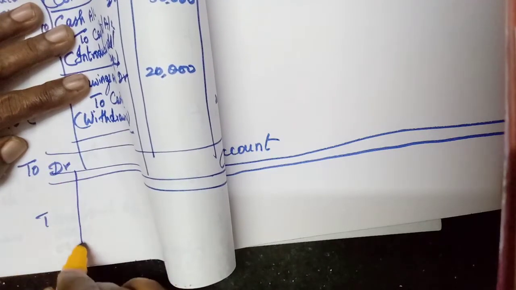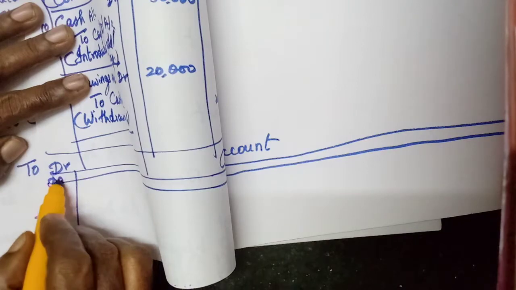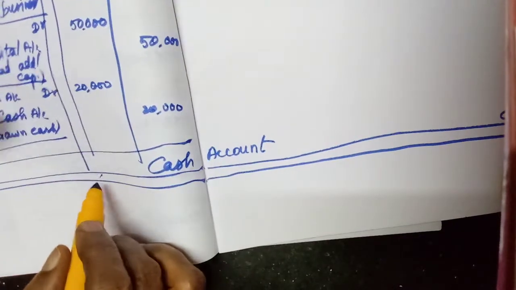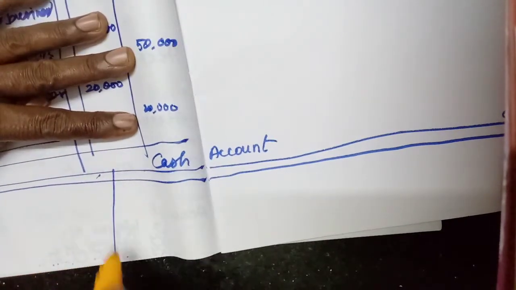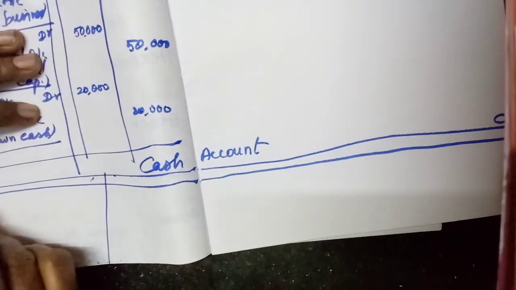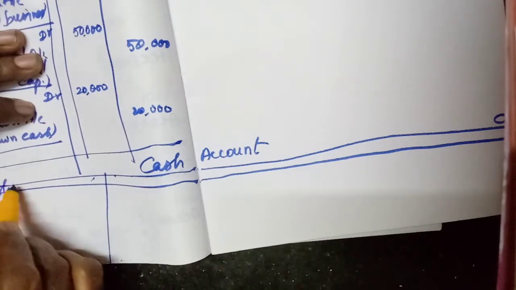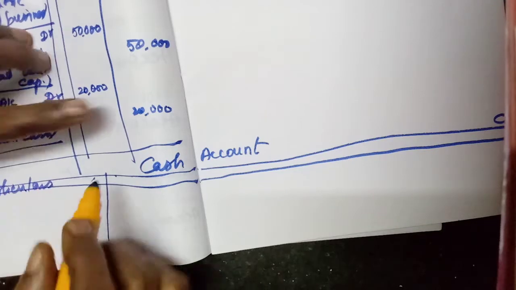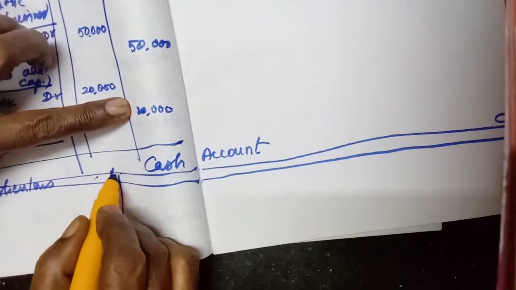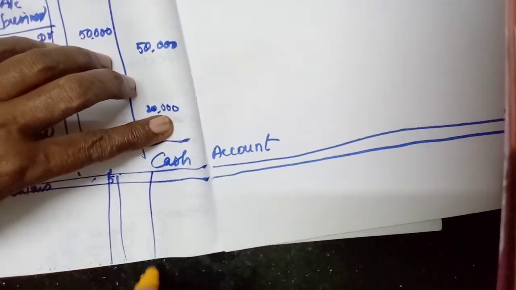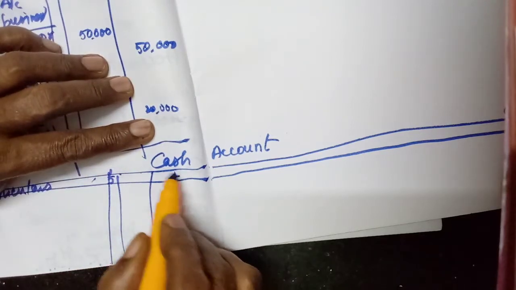Now date. Okay, date, then particulars, then LF, then amount column. Okay, rupees.